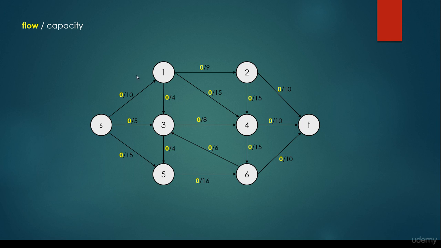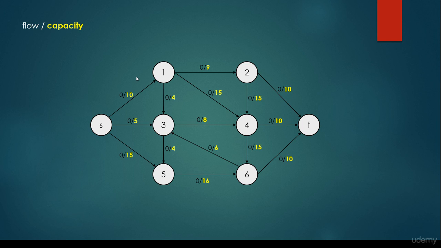The first one is the flow. At the beginning we initialize all the flow values to be 0, so that's why all the values are set to 0. The flow is the actual flow on that given edge, for example 10 gallons of water. The second parameter is the capacity. What does it mean? That this edge, for example, is capable of flowing 10 units, for example 10 cars per second or 10 gallons of water per second.